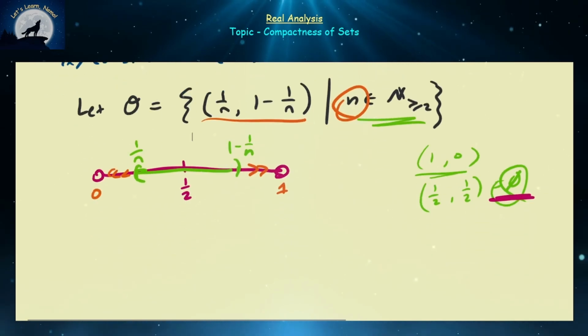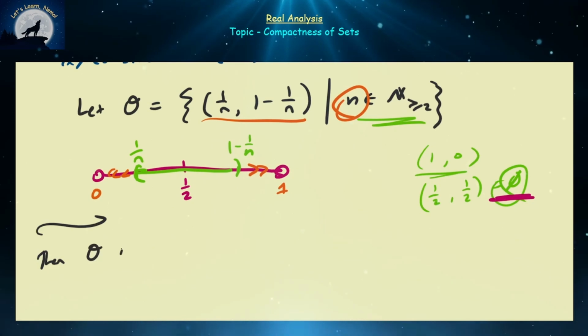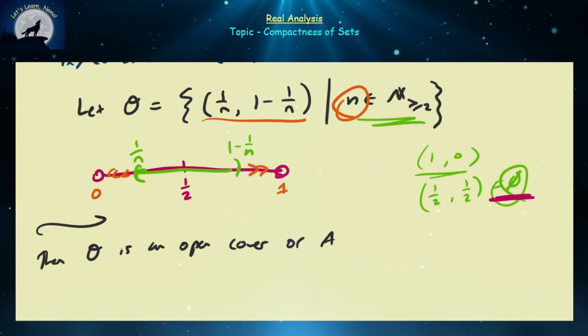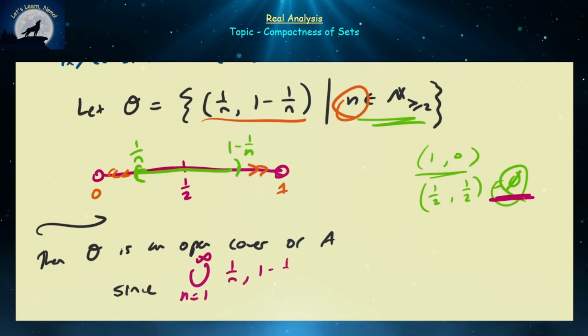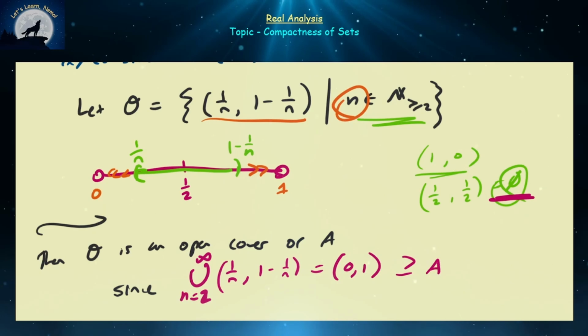You should be able to prove, from the things that we've built before, that O is an open cover of A, since, and then comes a little calculation, the union over m from 2 to infinity of (1 over m, 1 minus 1 over m) is equal to (0, 1), and obviously A is contained within that.